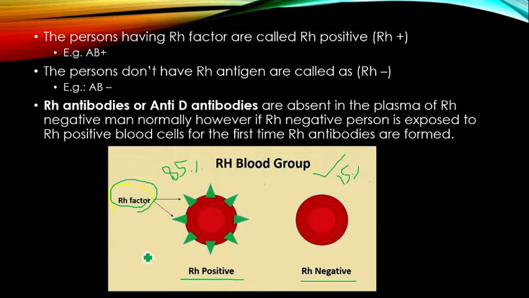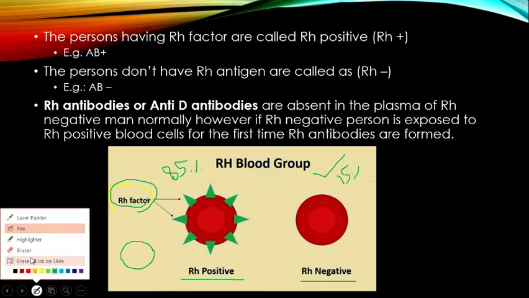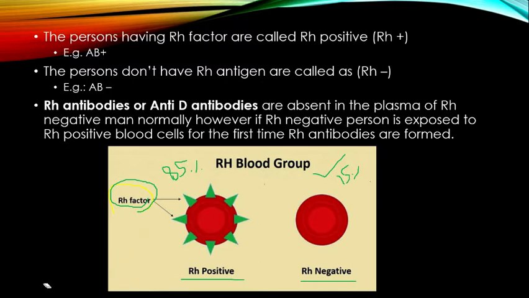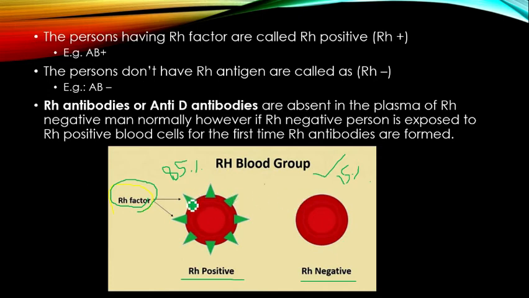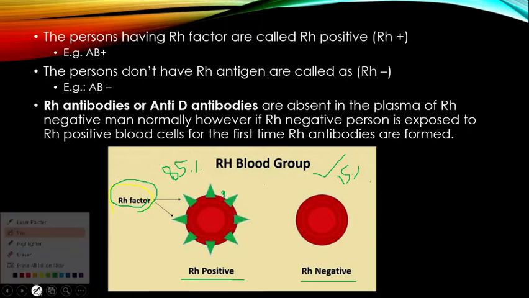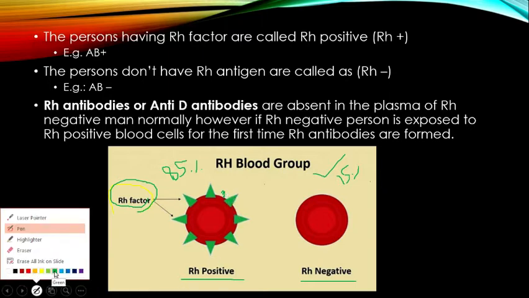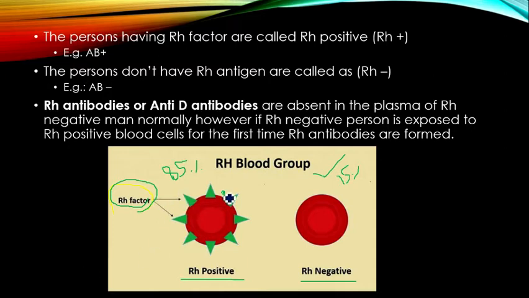Here is another thing you have to identify. If, along with the Rh antigen, antigen A is present on the RBC, then those people belong to the A positive blood group.